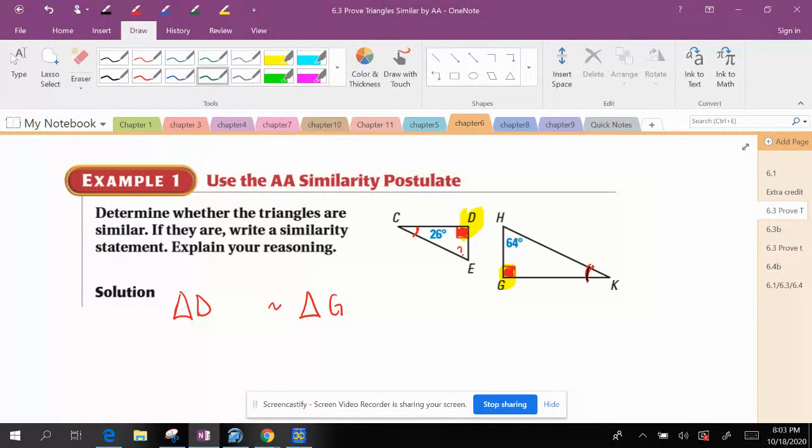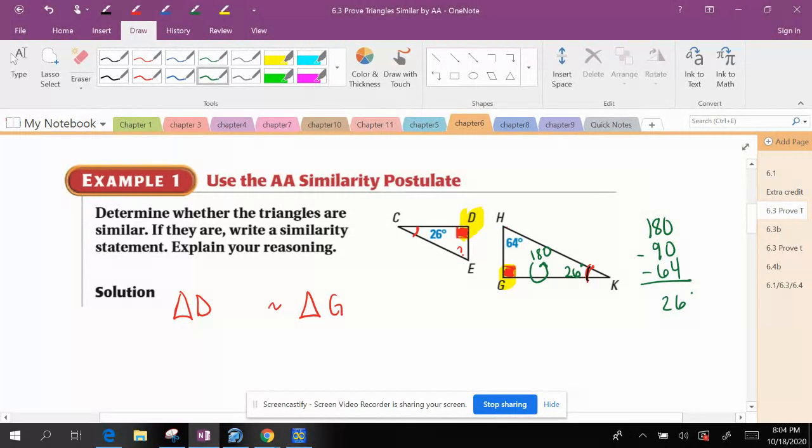Hopefully you wrote something along the lines of subtracting the two given angles from 180 degrees, because the total inside both of these triangles is 180. So for the big triangle, I subtract 180 minus the 90-degree angle minus the 64-degree angle. And I am, in fact, left with 26 degrees. So that means K has to be 26.